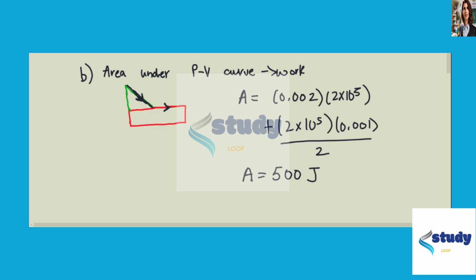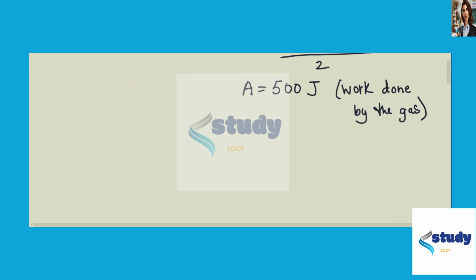If the arrows are pointing in the other direction, in the negative V direction, then that's going to be work done on. So this is work done by the gas. So the gas is expanding and it is doing work on its surroundings, so it's actually losing energy due to the expansion. That's something to keep in mind as we go to part C.